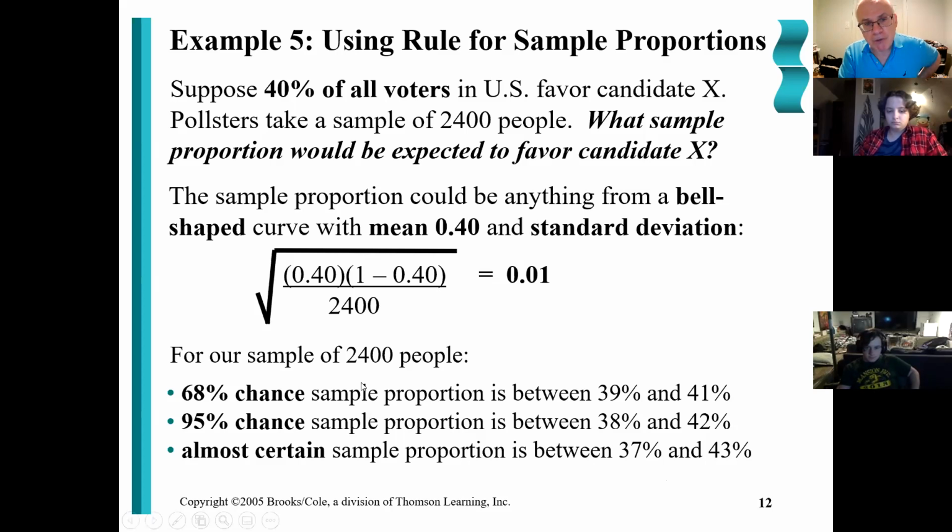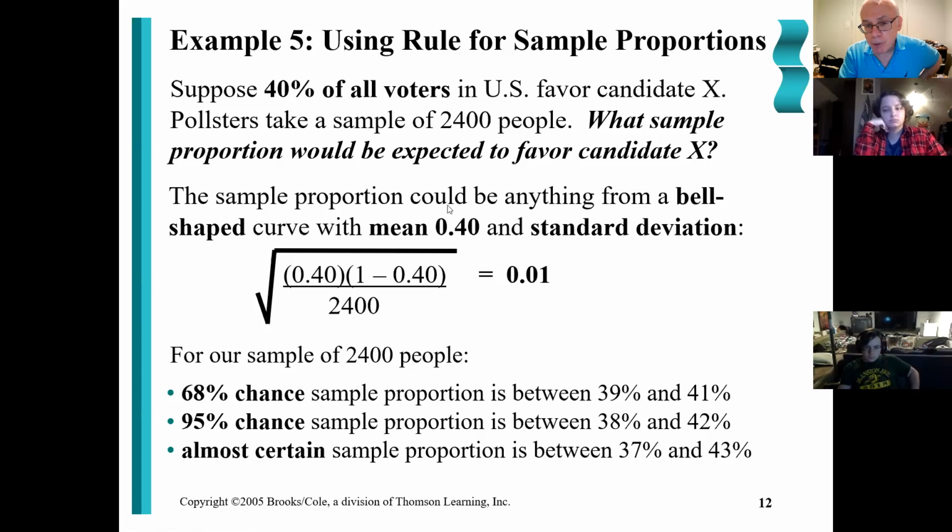If it is true that 40% of all voters favor candidate X, it's almost certain, with almost 100% certainty, that your sample should be between 37 and 43, and yet you got 60%. Wouldn't that cast doubt on the original assumption that 40% of all voters favor candidate X?